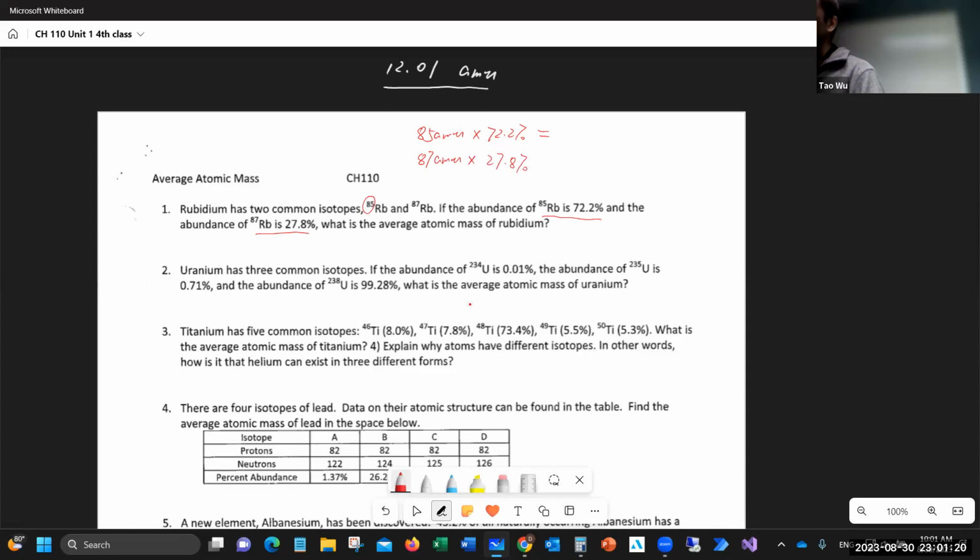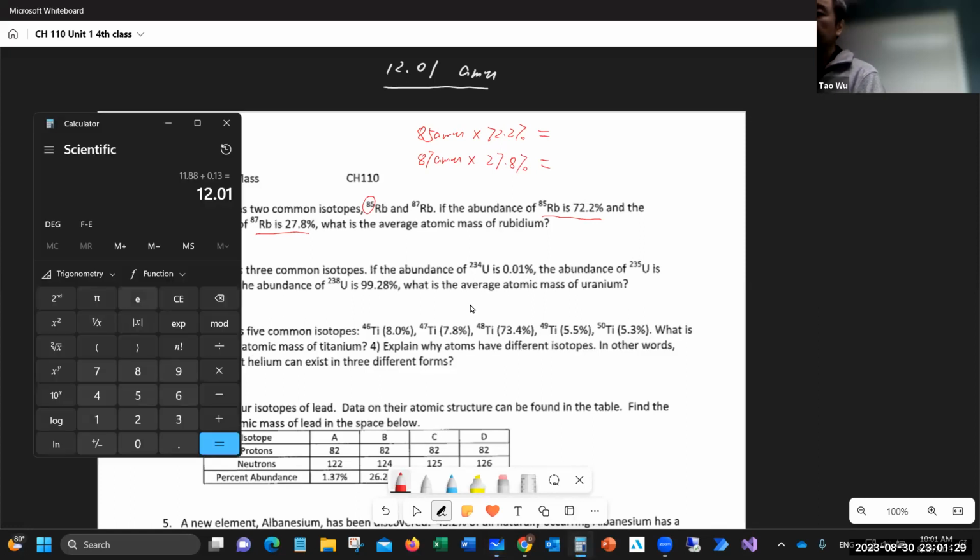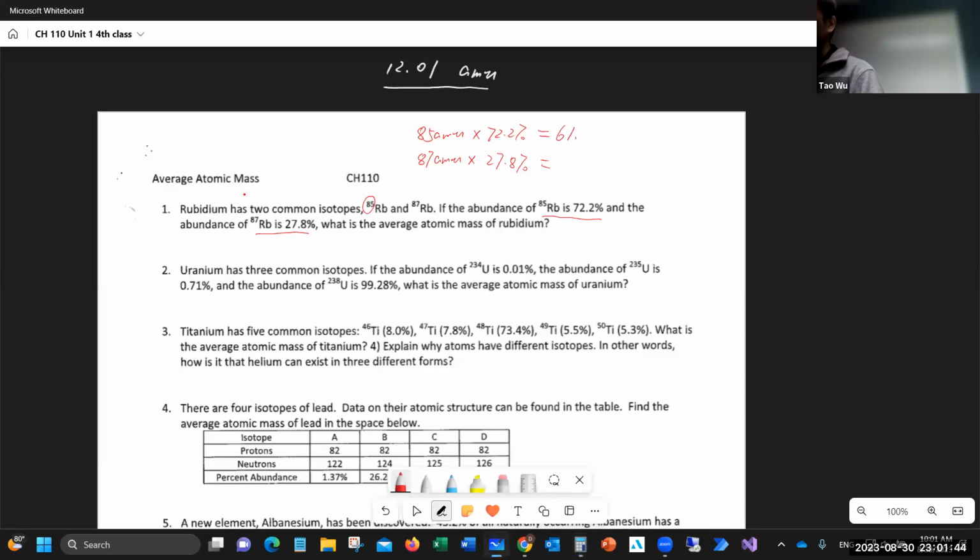Now, what we need to do is figure out the percentage for each of them. 85 AMU times 72.2 divided by 100 gives 61.37 AMU.